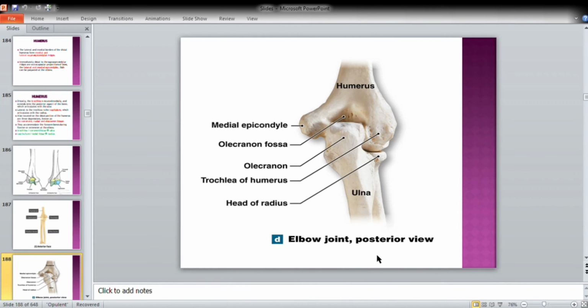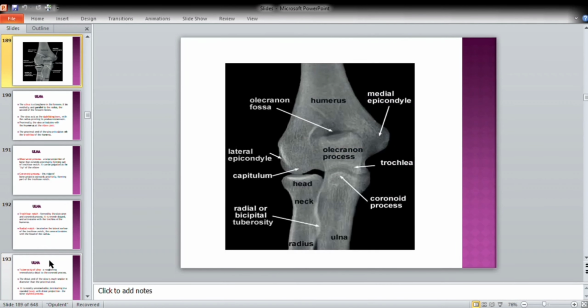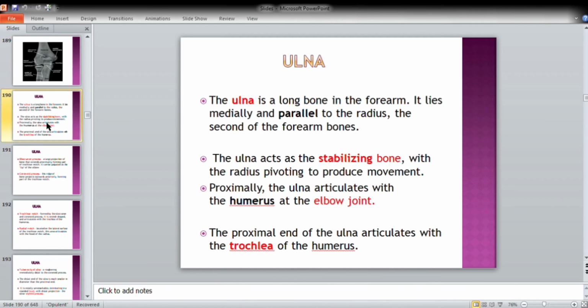This is the posterior view, remember that. Here, the ulna is shown, the radius, the radial head, the bicipital tuberosity, the coronoid process. Here, the trochlea, the olecranon process, the medial epicondyle, the humerus and the lateral epicondyle.